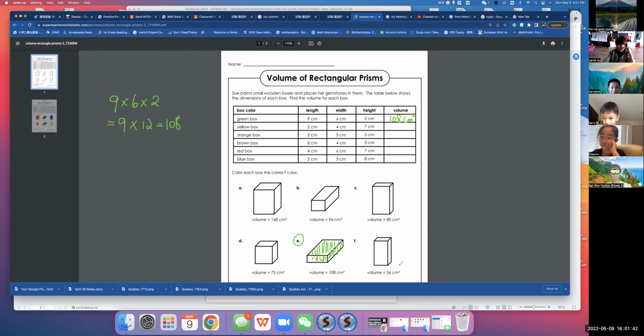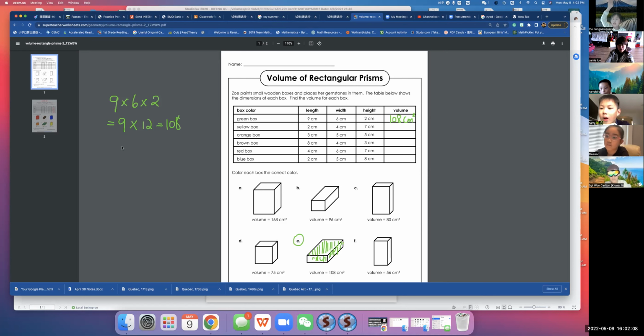Get it, everybody? Okay, let's take a look at the next one. We're going to do this one all together. Who likes yellow color? I'm going to call Eleanor.